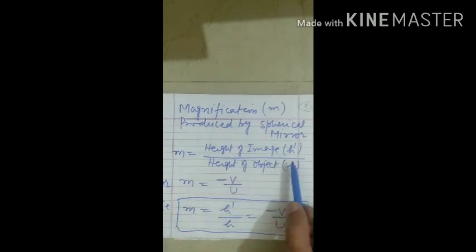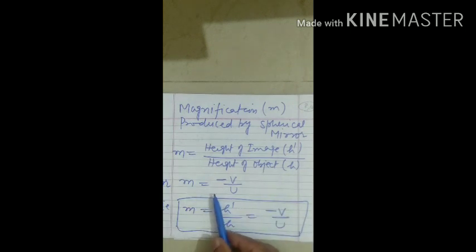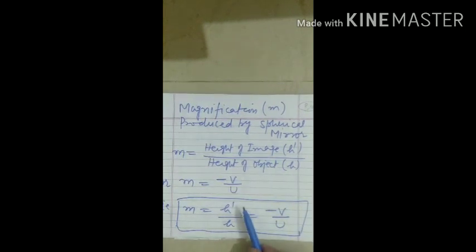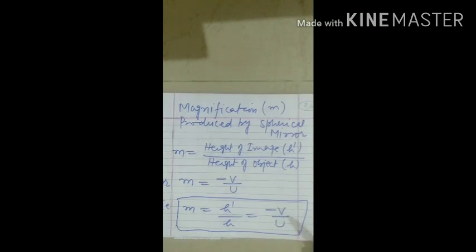That means it is the ratio of height of image to height of object, and it has no units because similar quantities are divided. Also, it can be calculated by another formula, that is minus v upon u. If I club these two, I get magnification m is equal to h dash upon h is equal to minus v upon u.